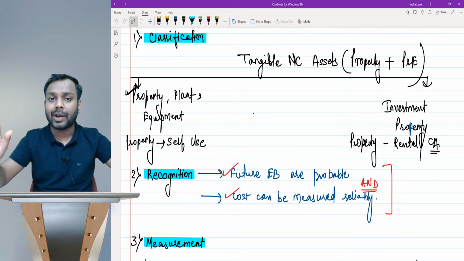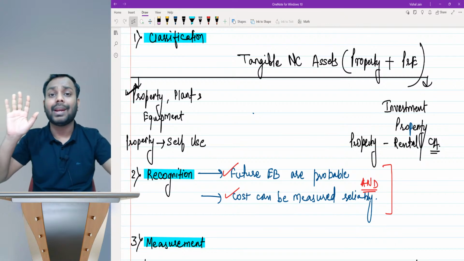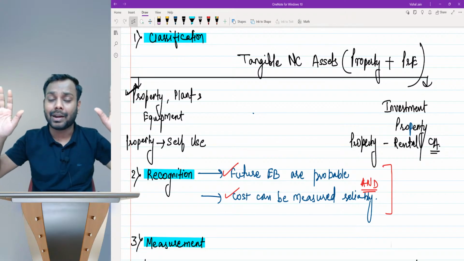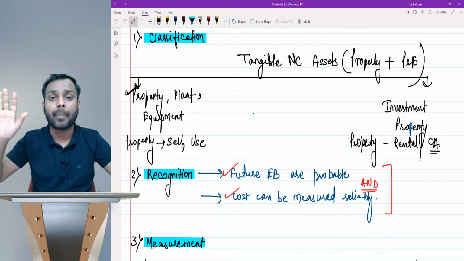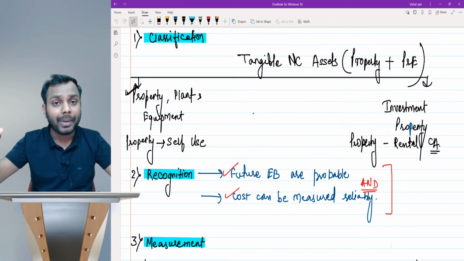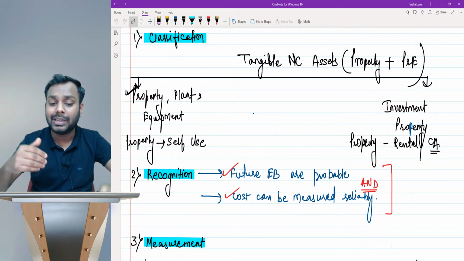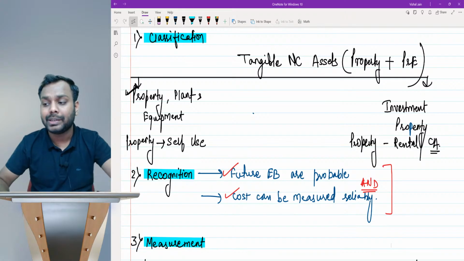Now if it is classified as property, plant, equipment, or investment property, will it be recognized in the books or not? Solely getting classified as investment property or property, plant, equipment does not make us recognize it in the financial statements. For recognizing in the financial statements, these two conditions have to be satisfied.